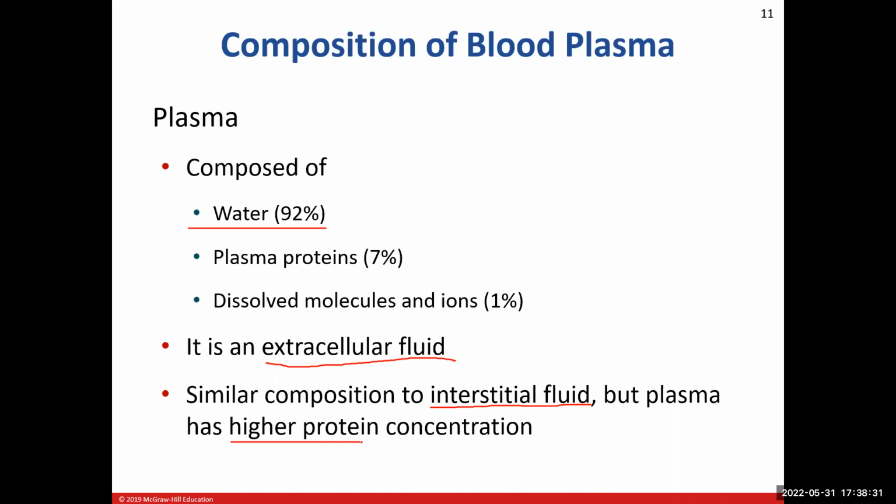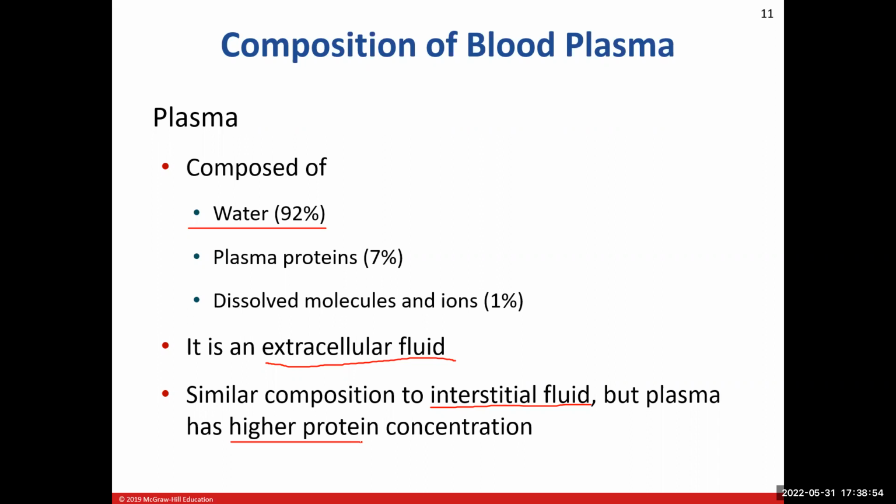Not all proteins, okay, but the proteins that are circulating in your plasma primarily should stay in your blood in a healthy individual. One of the reasons for that is you want to have a higher protein concentration in your blood when we deal with oncotic osmotic pressure.